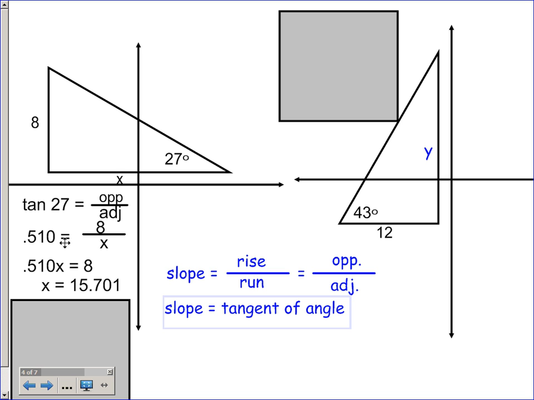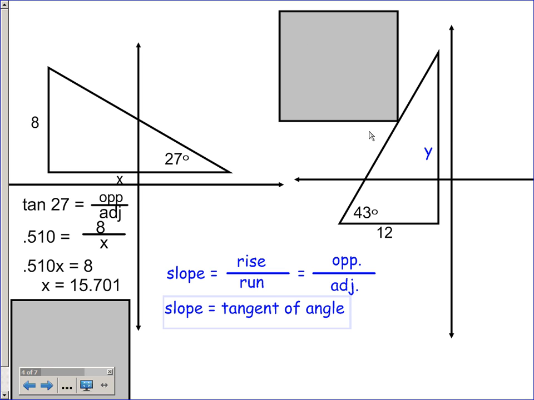So 0.510, and then my opposite side is 8, so I replace opposite with 8. My adjacent side is x, so now I'm going to solve for x. To do so, multiply both sides by x, and I get 0.510x is equal to 8. And now divide both sides by 0.510, and I get x equals 15.701. And I've rounded to the nearest thousandth here.